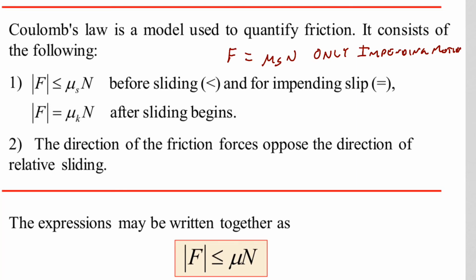The other important thing that we need to consider is that the direction of our frictional force is always trying to be opposite, or oppose, the relative sliding motion. So it wants to resist sliding motion, or any motion at that point. And that sliding motion really should be sliding.